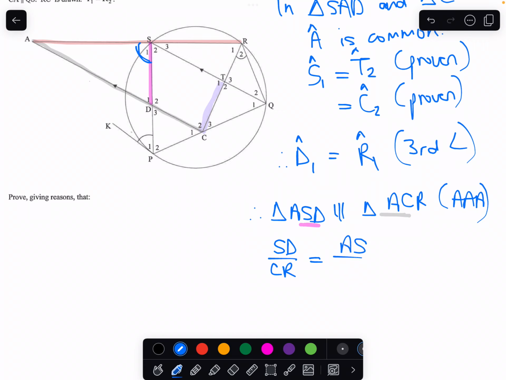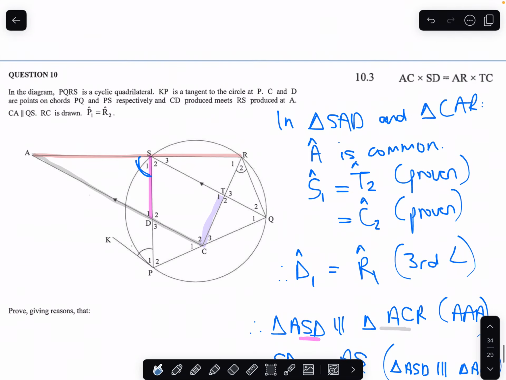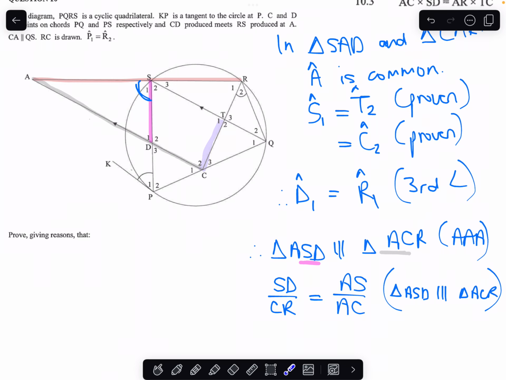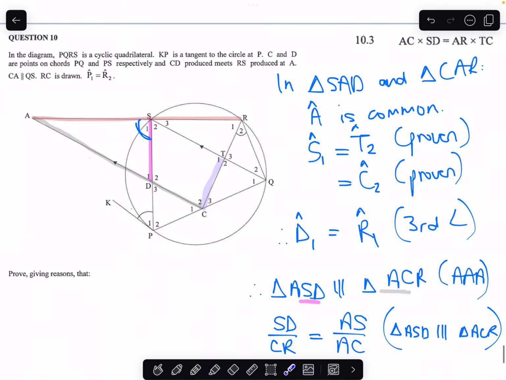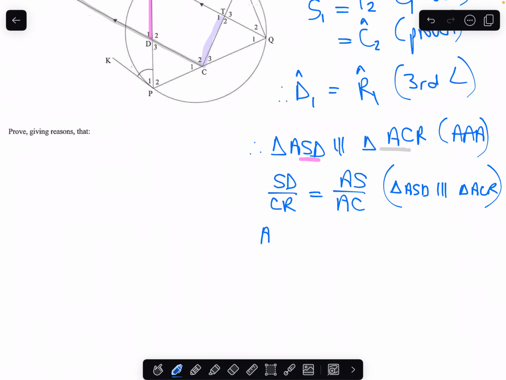Oh man, last two, and then on the other side we have first two. Okay, because of this similarity relationship. Right, and I am now going to get this product so that we have the left hand side. Okay, so we have AC times SD is equal to CR times AS. Okay, so now we park that.